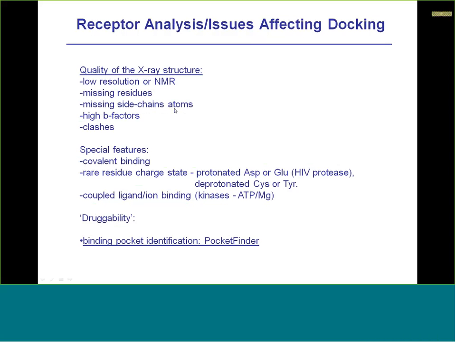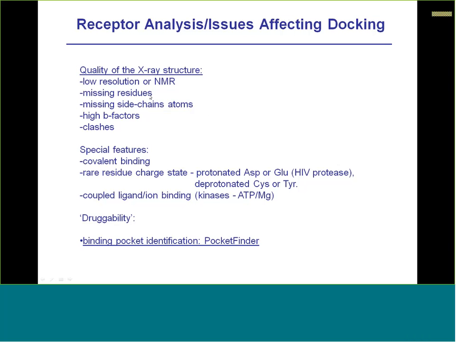If there are missing side chain atoms, when you convert from a PDB structure in ICM to an ICM object, ICM will add the missing side chain atoms. So it's important to look at those and check that the orientation is correct. If there are missing residues, you would obviously see a gap in the chain.